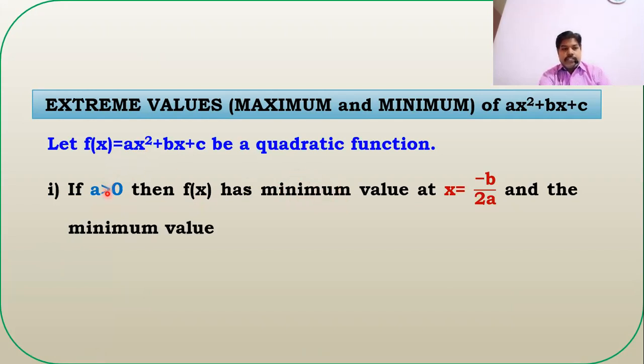If a is positive, then f of x has a minimum value at x is equal to minus b by 2a, and the minimum value is 4ac minus b square by 4a.